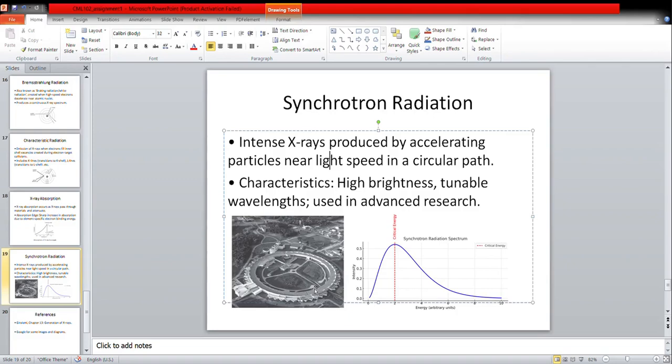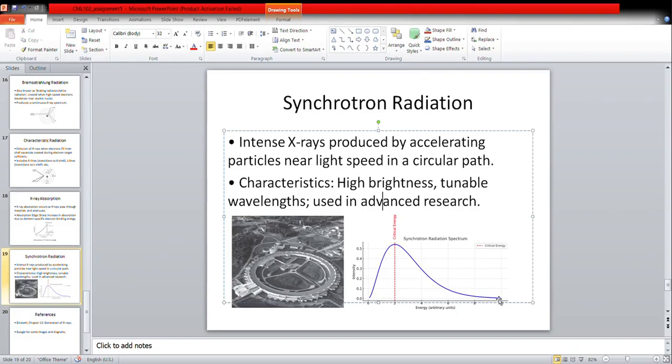The characteristics, as can be predicted, are that they will have high brightness because they are very intense X-rays. They'll have tunable wavelengths, and they can be used in advanced research for knowing the advanced properties of different materials which these electrons hit while moving in these circular paths.